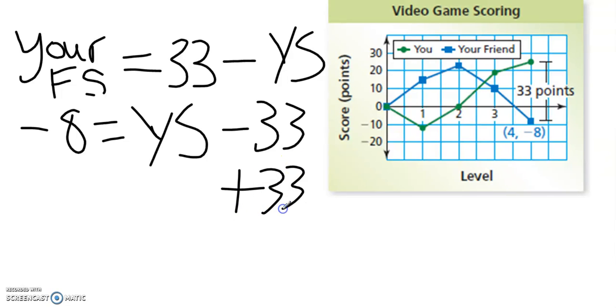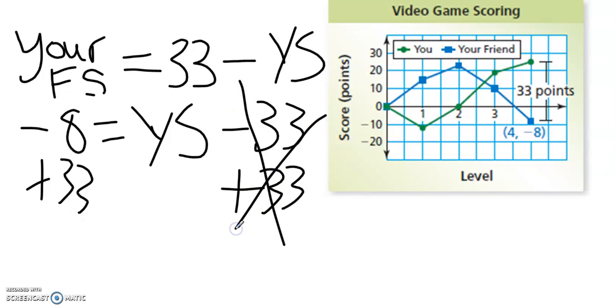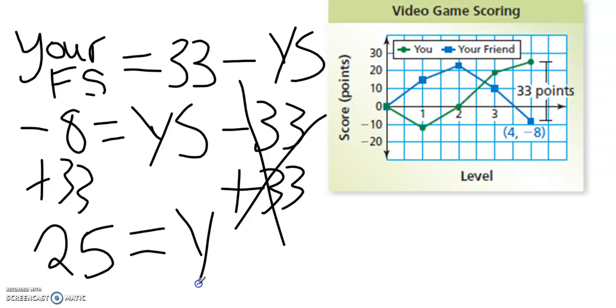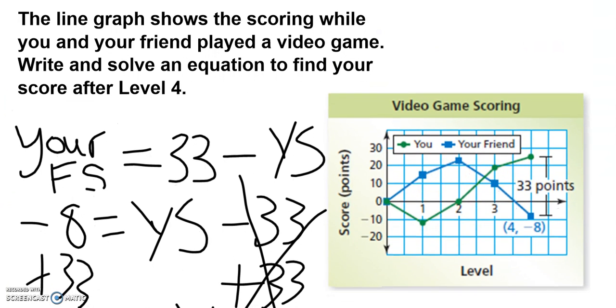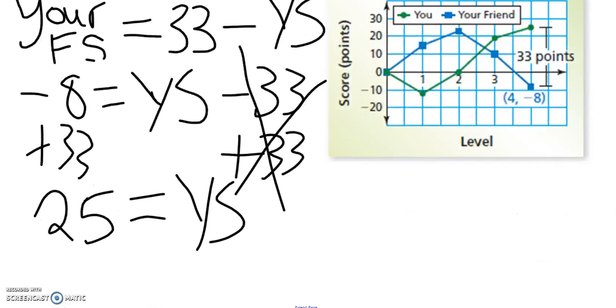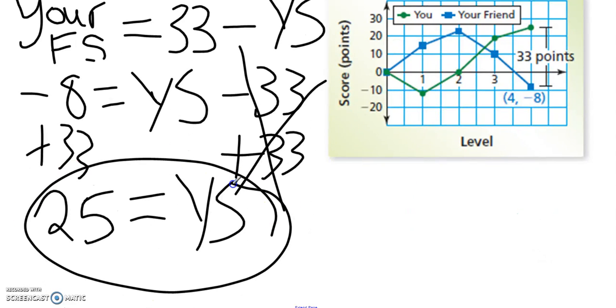Plus 33, plus 33, that cancels. This is going to be 25 equals your score. So that's what we wanted to find. They wanted to know how much your score was after level 4.